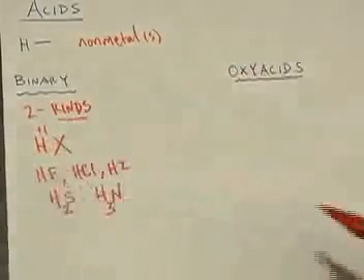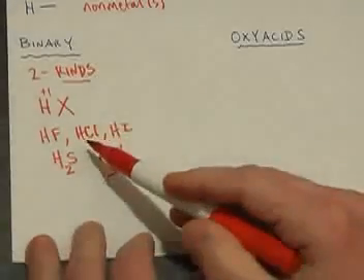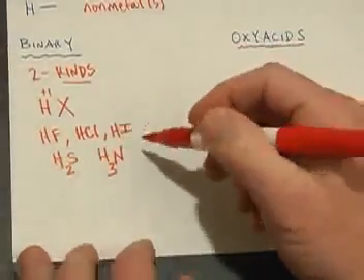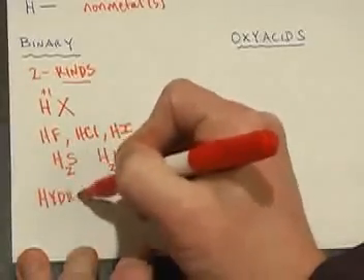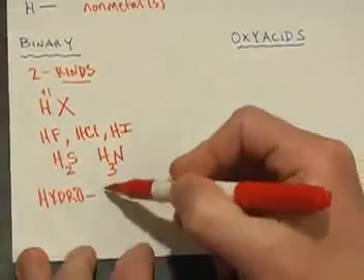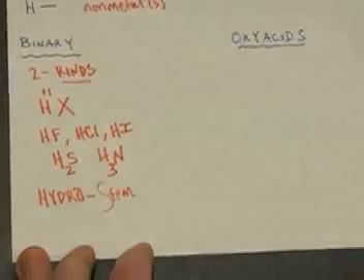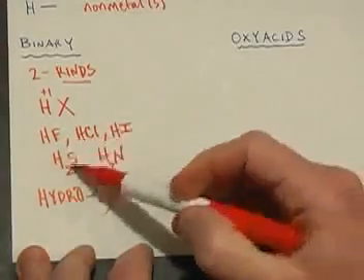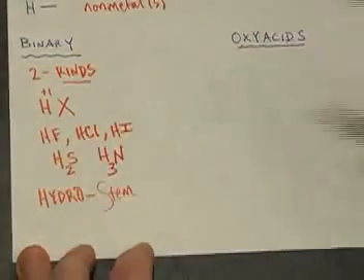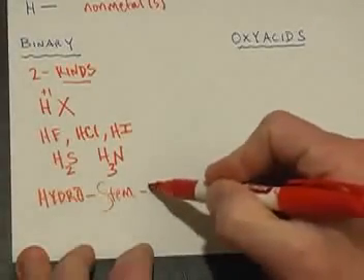These are binary acids. When you name binary acids, make sure to recognize that there's only two kinds of elements there. Then you put the prefix hydro on the front of the name. Then you put the stem in the middle from the element that's connected to the hydrogen, like for instance fluoro, chloro, iodo, nitro, sulfo or sulfuro. And then you put the ending ic at the end.